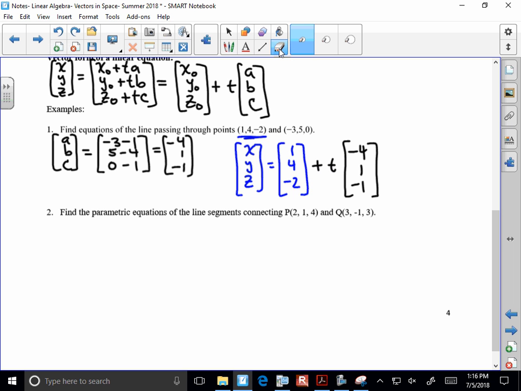Wait, what did I write wrong? 0 minus 2. Gotcha. Zero minus negative 2.